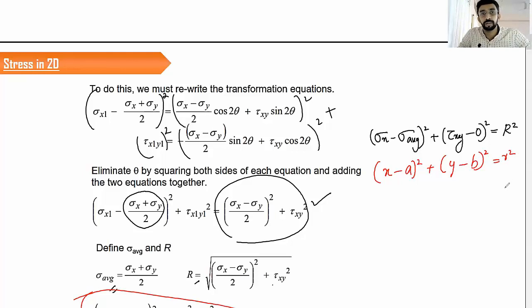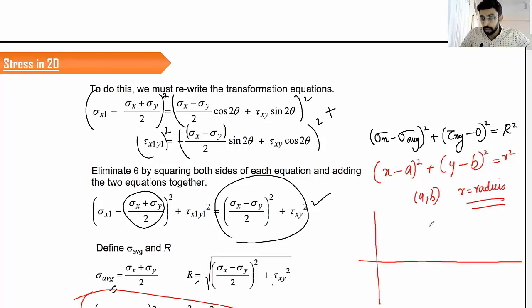What is the meaning of this equation of a circle? This is the equation of a circle whose center is at a comma b and radius is equal to r. If you represent the circle something like this, this center is going to be a comma b and the radius is going to be r. This is how we represent a circle with the center a comma b.